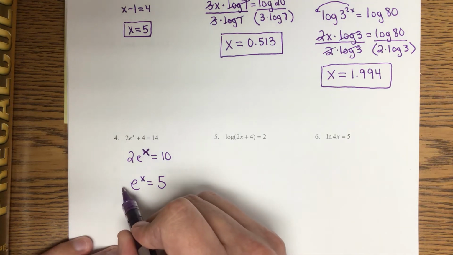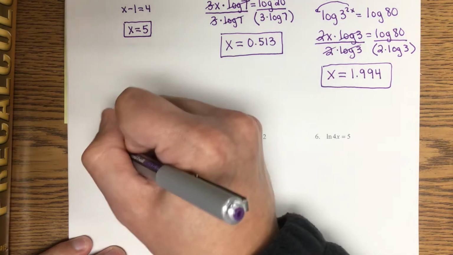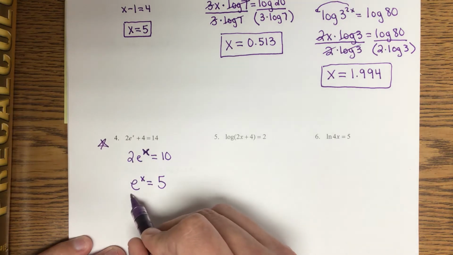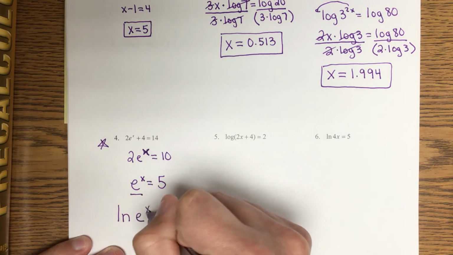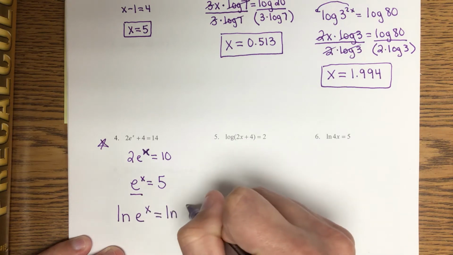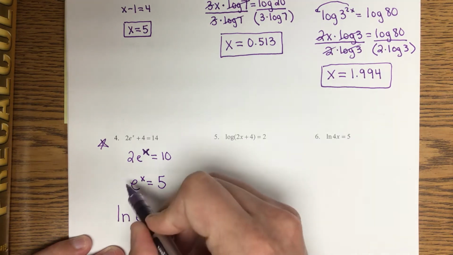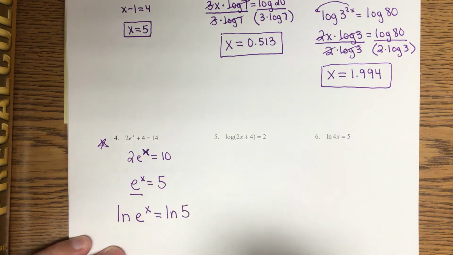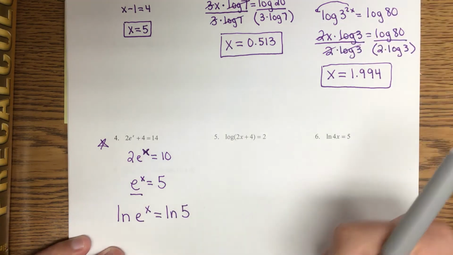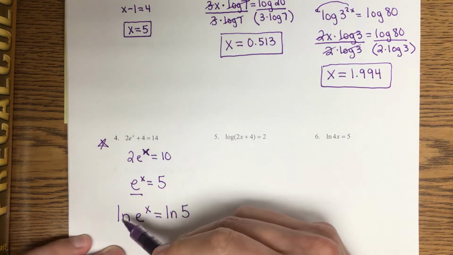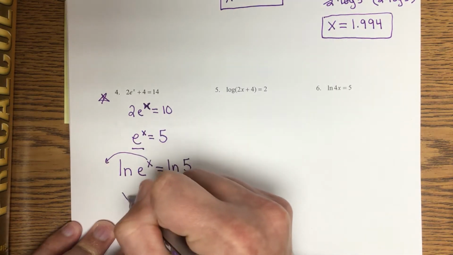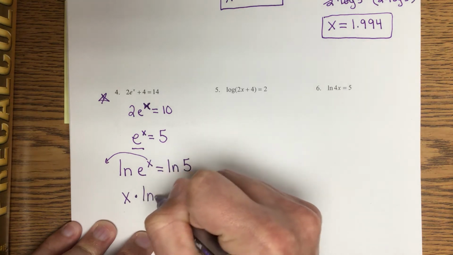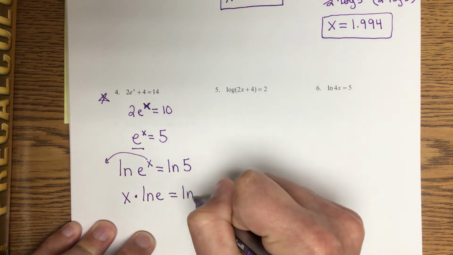So I'm going to take the log on both sides, but specifically, because I have a base of e here, I'm going to use the natural log on both sides. So I only use the natural log when the e is already present in the problem. If not, I usually go base 10. So take the natural log on both sides. So I'm going to move this power out front. So I get x times the natural log of e equals the natural log of 5.